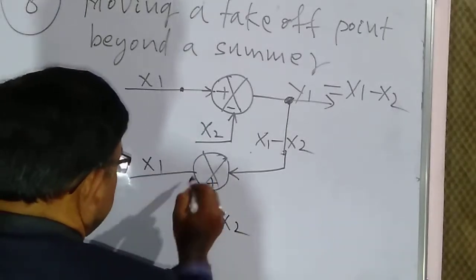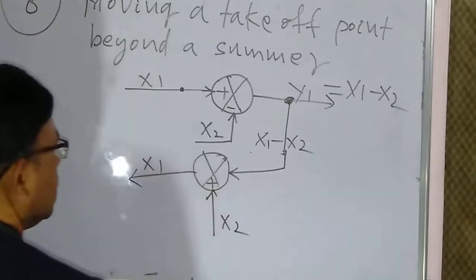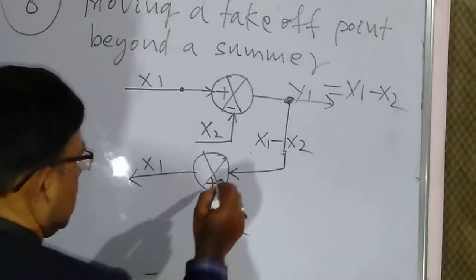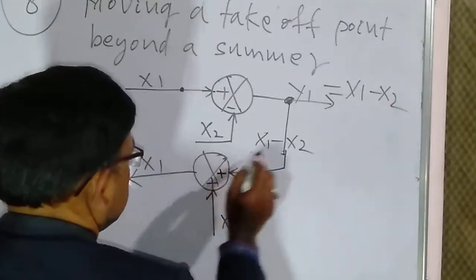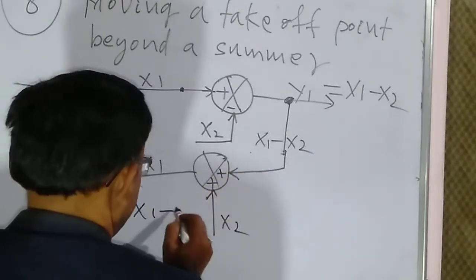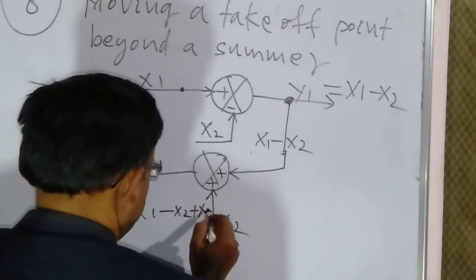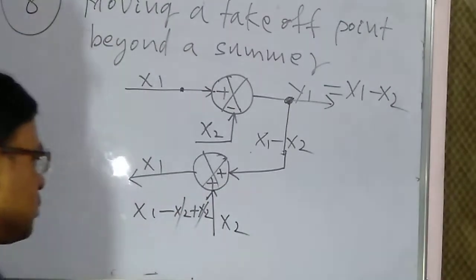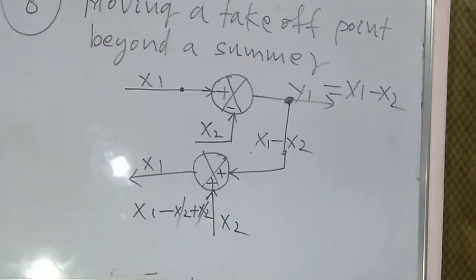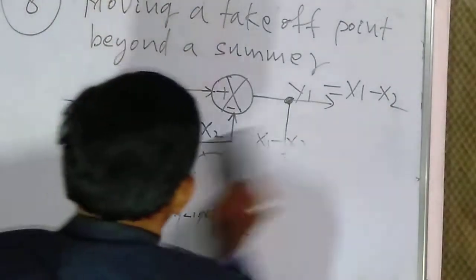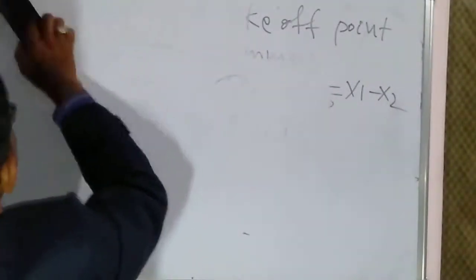Now we are getting only x1 at this output. That is, this will be x1 minus x2 plus x2, so x2 will be cancelled. So we are getting the same signal. Therefore this rule is also valid, and we can apply it in the block diagram reduction technique.